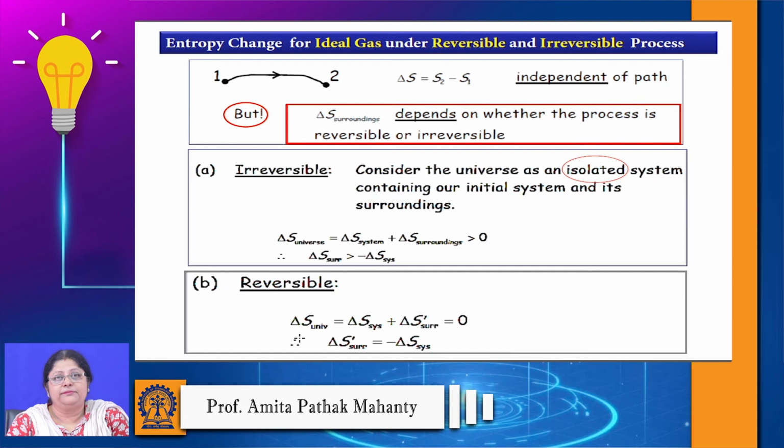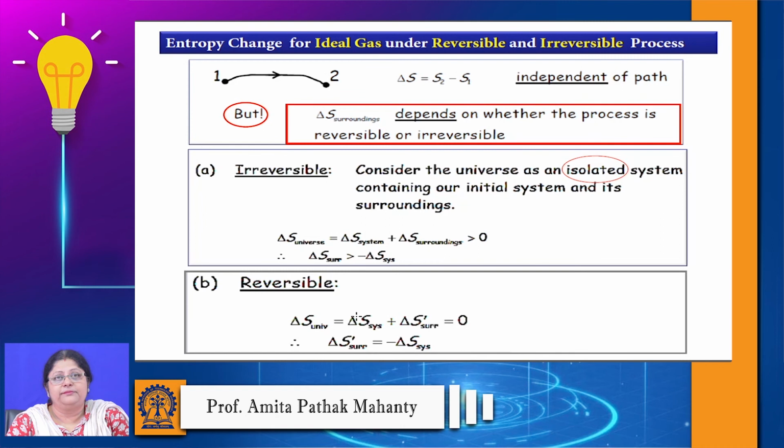The entropy of the universe for a reversible change for an isolated system is the summation of the entropy change of the system plus surrounding, where the system is equal and opposite to that of the surrounding. So the total entropy change becomes 0 for a reversible process in an isolated system.